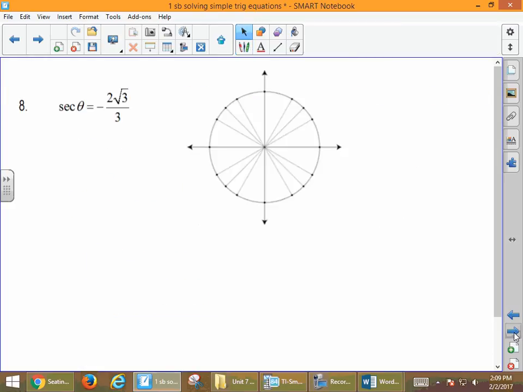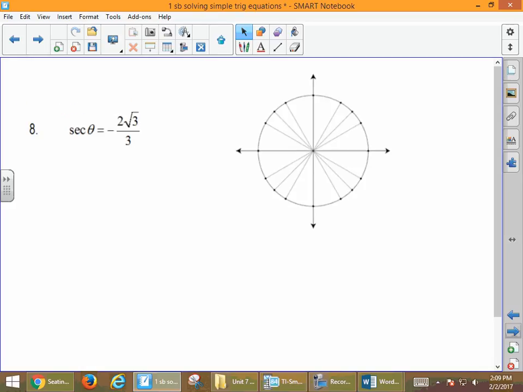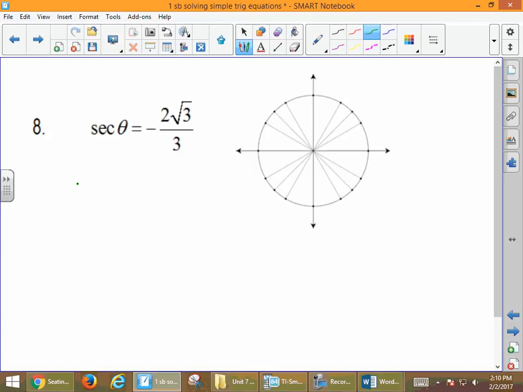We take a look at number 8 here. Secant of theta equals negative 2 radical 3 over 3. And remember, we're not as familiar with secant, but we know what we can do. What's the reciprocal of secant? Cosine. So cosine of theta.